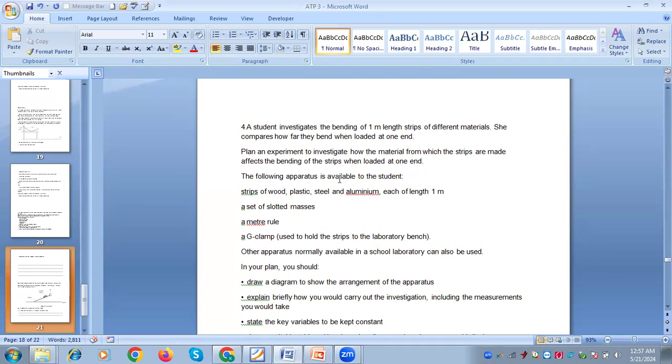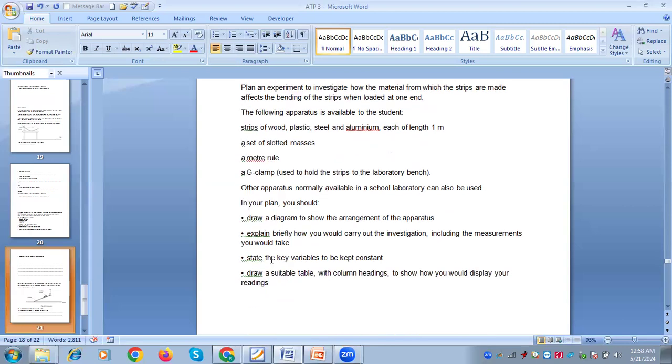The following items are available: strips of wood, plastic, steel, aluminium, each of length 1 meter; a set of slotted masses which will be hung at the free end; a meter rule to note down the distance between the fixed end and the point where the masses are hung, plus how much bending occurs; a G clamp used to hold the strip to the laboratory bench. Other pieces of apparatus normally available in the school laboratory can also be used.